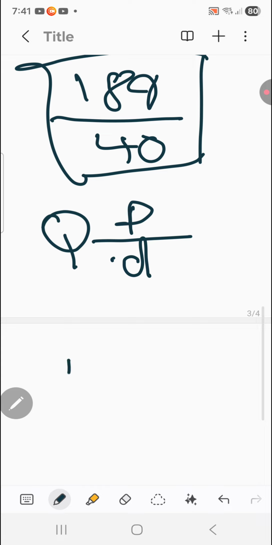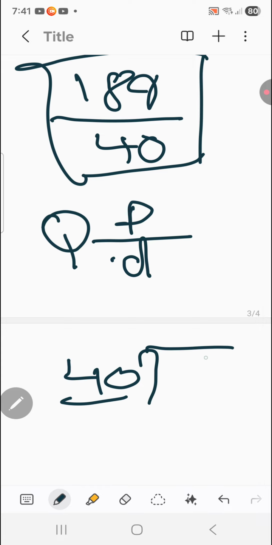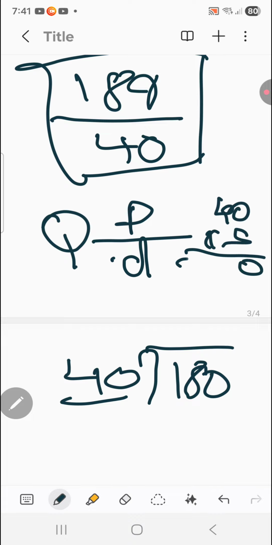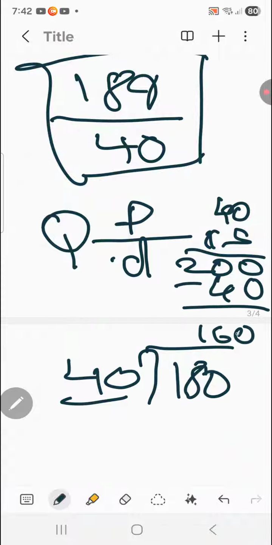And now dividing 189 by 40, this is not a perfect answer until you go into decimals, but you are not going to go into decimals for converting into a mixed fraction. So now 40 into 5 might make it. Now this is 200, so this is not. You have to go one less, which is 40 into 4, which is 160. I calculated this in my mind by just subtracting 40, which is 160.